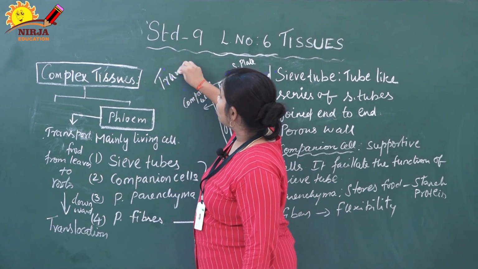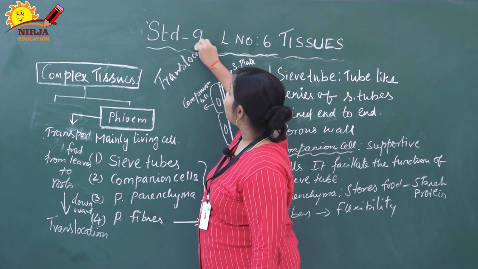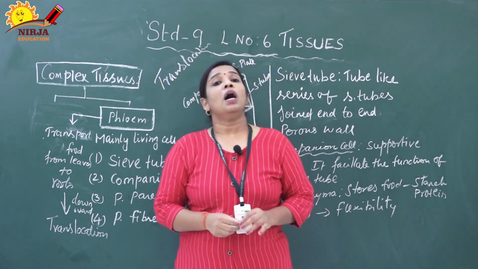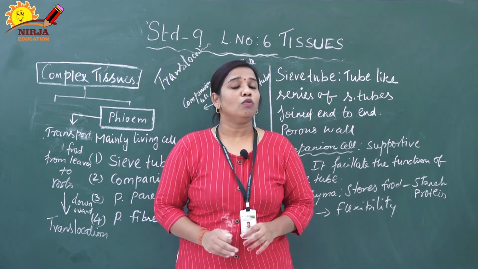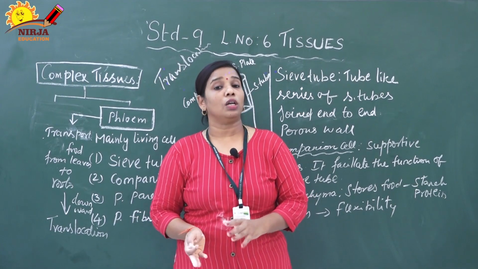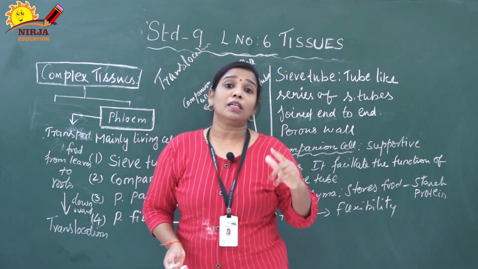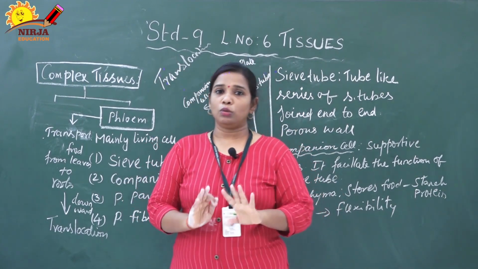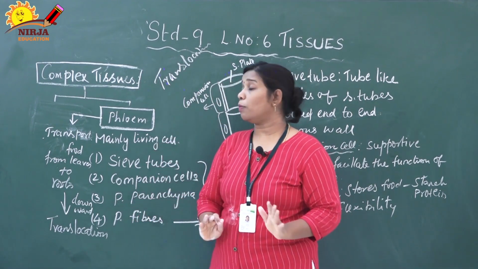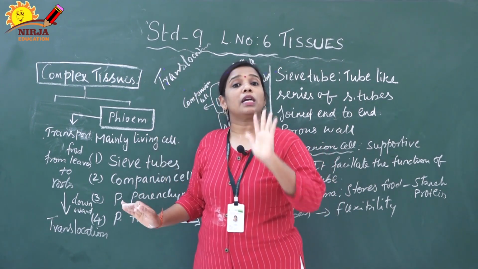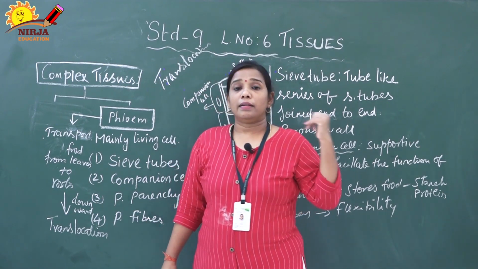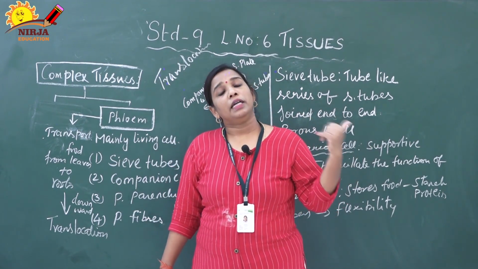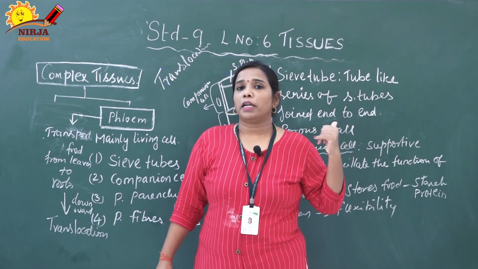Translocation is nothing but the transfer of food material from leaves to other parts of the body by the help of phloem in downward movement. Transfer of water and minerals is called transportation. So get a clear idea about that. Translocation means transfer of food, done by phloem. Transportation means xylem, which transfers water and minerals.